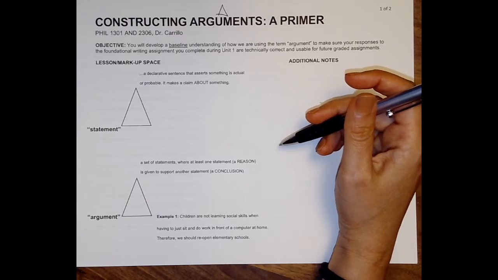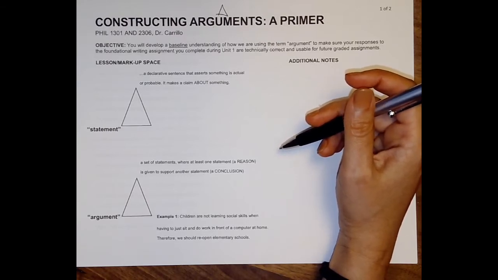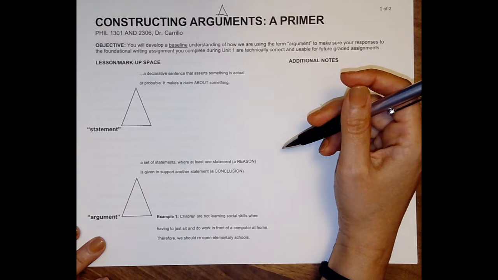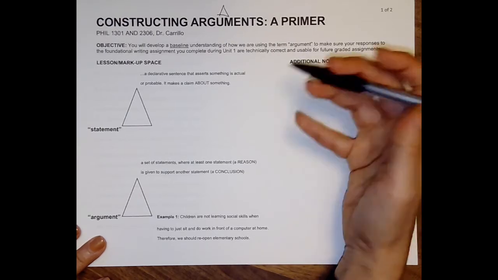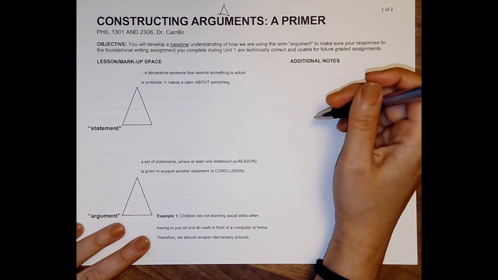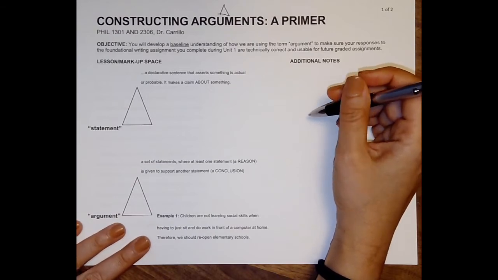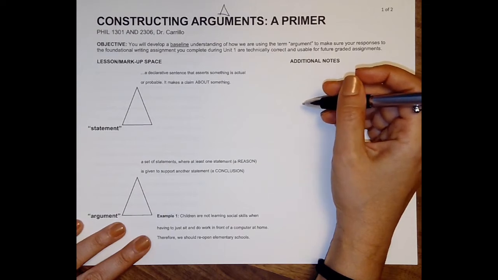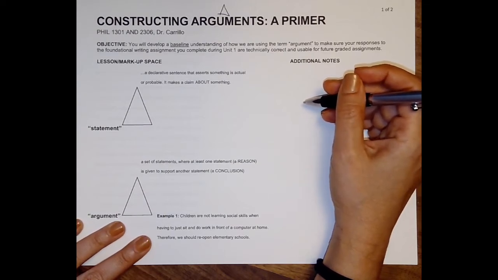To help you understand why I do that: I have been teaching for a while, and there are certain things that, if not written down or copied, students tend to forget or make mistakes with. So I'm really just trying to help you out here. Keep in mind that you will be graded for your notes being clear, accurate, precise, and sufficient. So let's go ahead and start the lesson.